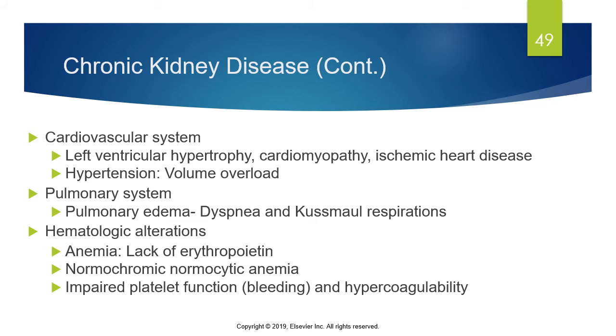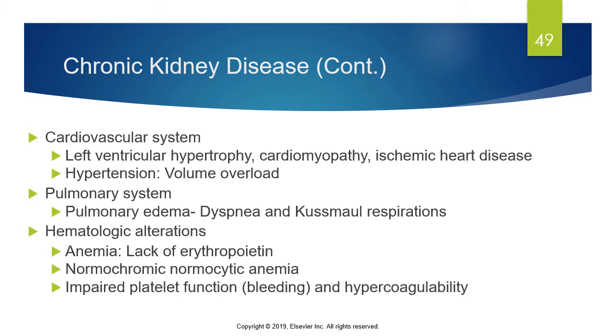The effect on the cardiovascular system is causing left ventricular hypertrophy, cardiomyopathy, ischemic heart disease, also arrhythmias, hypertension. The patient is volume overloaded. The pulmonary system can cause pulmonary edema, so you get dyspnea and Kussmaul respirations.